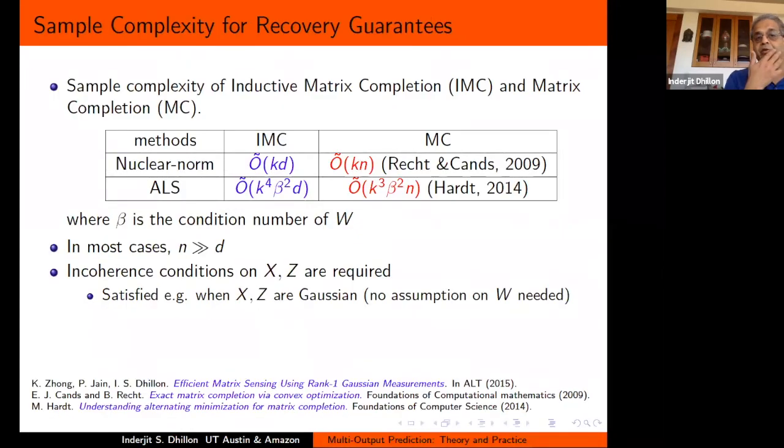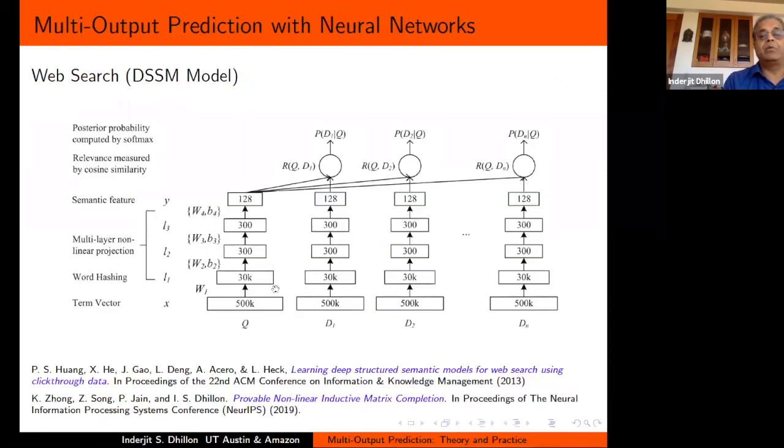Over here, what I showed is that the bilinear inductive matrix completion method actually comes with theoretical guarantees. And one question might be, well, what about these deep learning models? Well, we are not all the way there yet, but we were able to, last year, show and prove that for neural network models for inductive matrix completion, you can actually give theoretical guarantees.